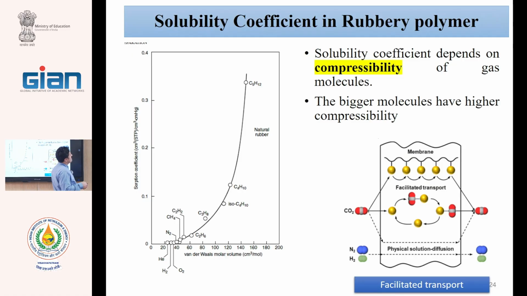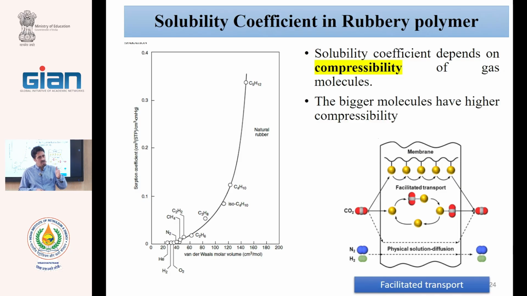Also, we say this with compressibility: with increasing molecular size, molecular weight, the boiling point increases. Methane is gas, ethane gas, propane gas, butane is liquid, paraffin is solid.